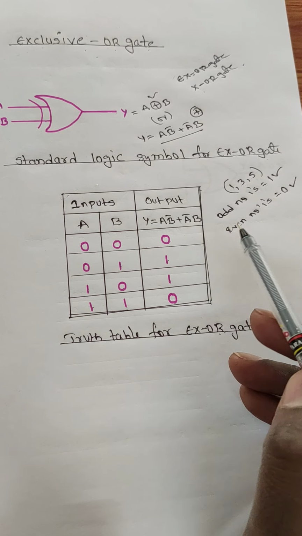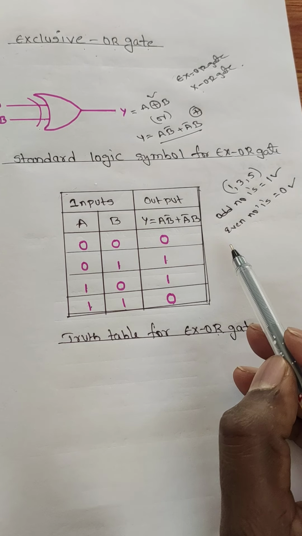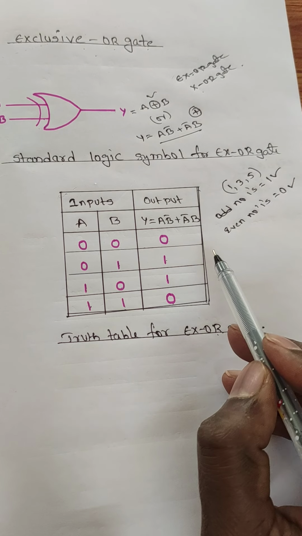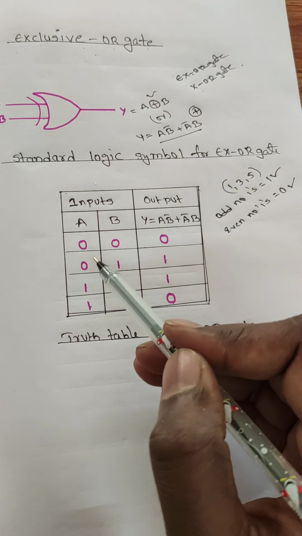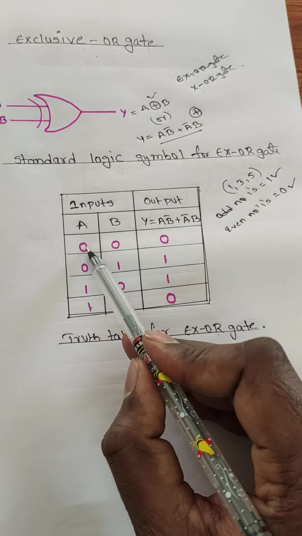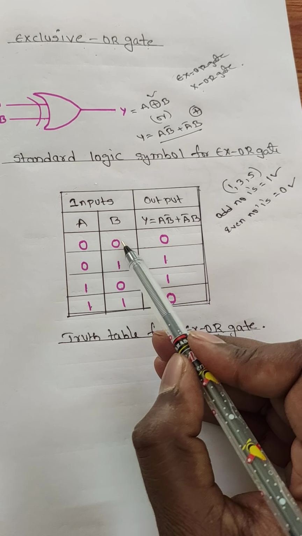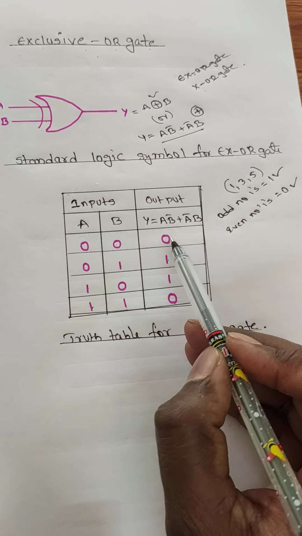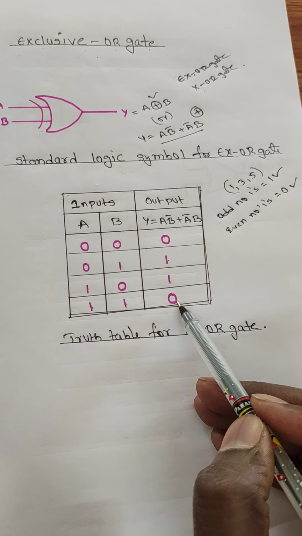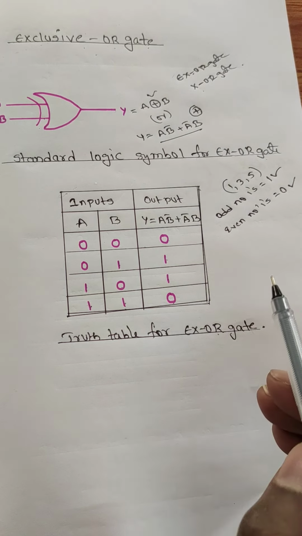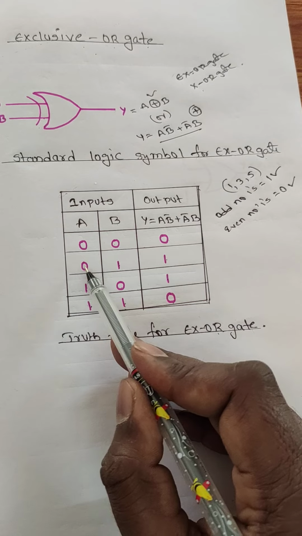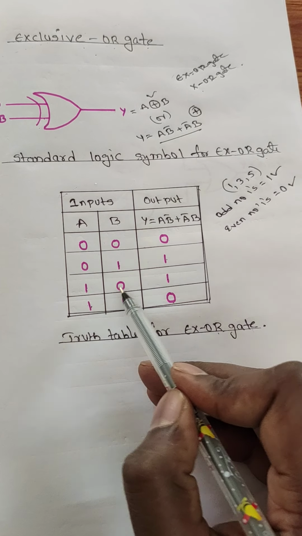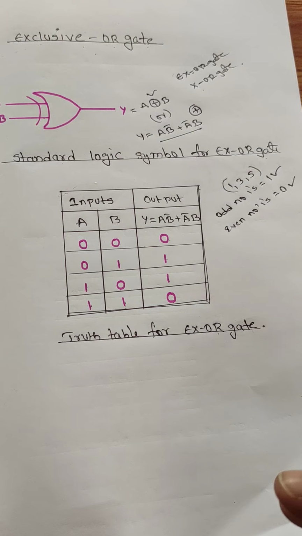Only for this 2 input truth table of the XOR gate, we can easily remember it using a small technique. When both inputs are similar, 0, 0, output is low, 1, 1, output is low. When inputs are dissimilar, 0, 1 and 1, 0, then the output is high.